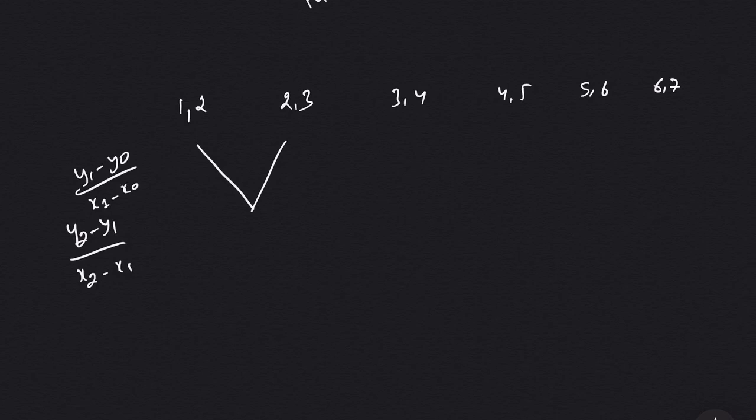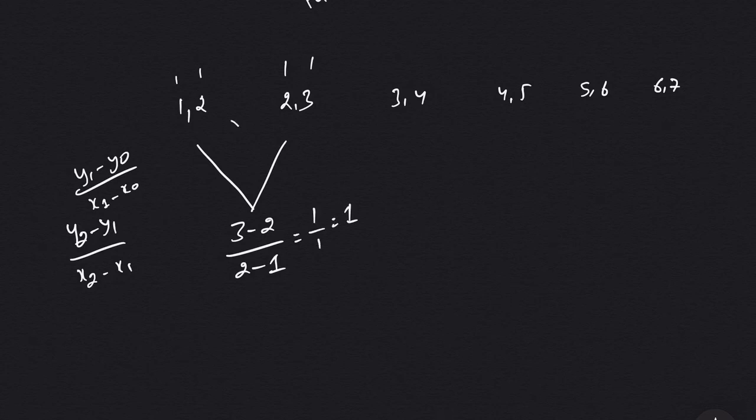So 3 minus 2 over 2 minus 1, that is equal to 1 by 1, that is 1.